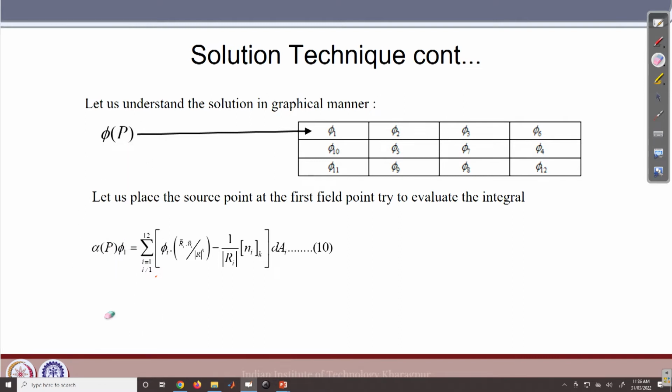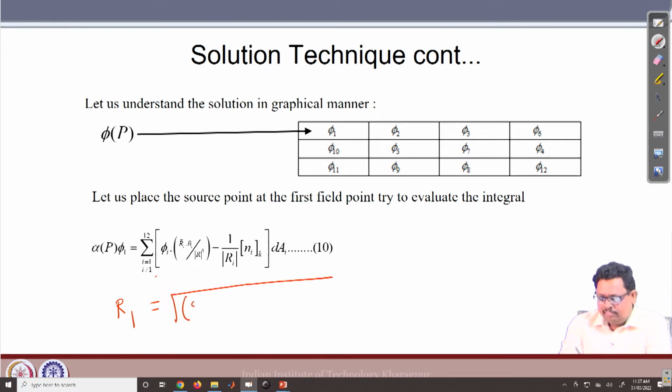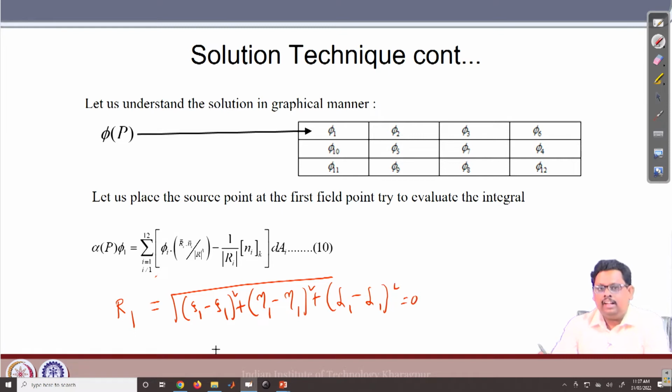In the case of panel 1, the definition of R 1 is nothing but the square root of xi 1 minus xi 1 squared plus eta 1 minus eta 1 squared plus zeta 1 minus zeta 1 squared. So, it is equal to 0. Therefore, 1 upon mod of R goes to infinity. So, we can have a singularity. Therefore, we really can't afford this.